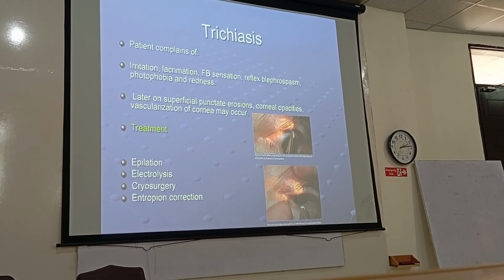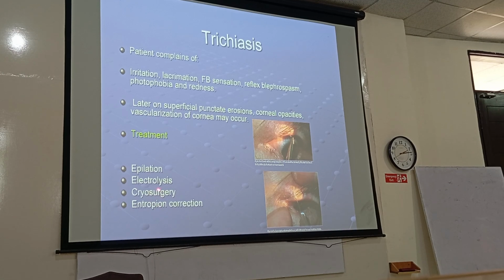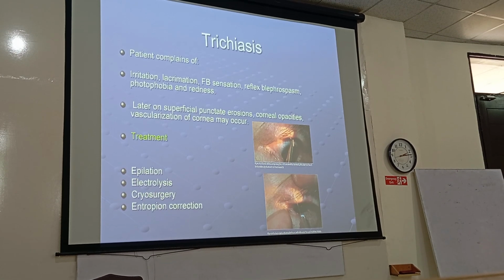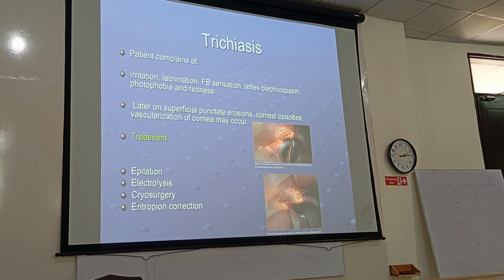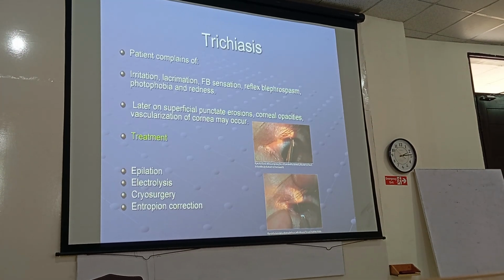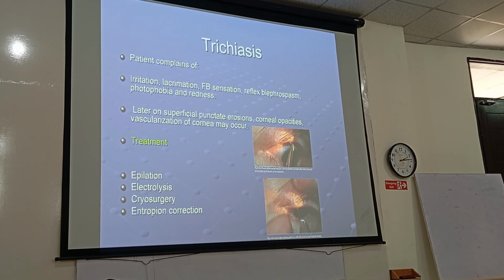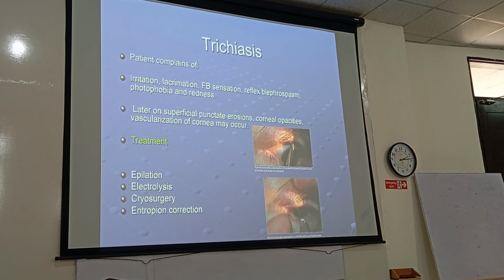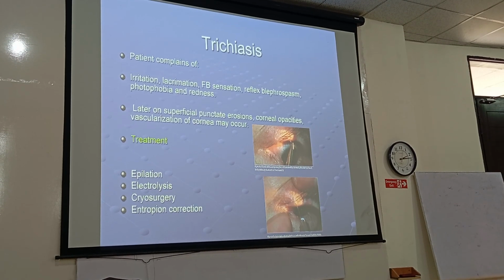Second process to stop the recurrence, we do electrolysis. It is done by a machine which has a pen-like structure, and it causes destruction of the follicle by heat from where the misdirected eyelash is arising.